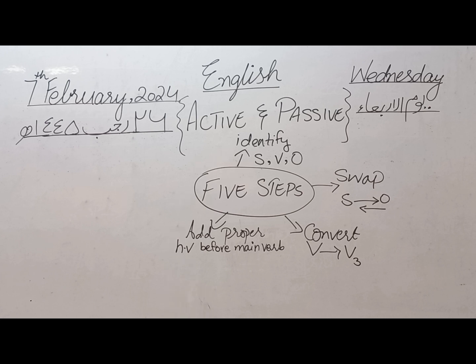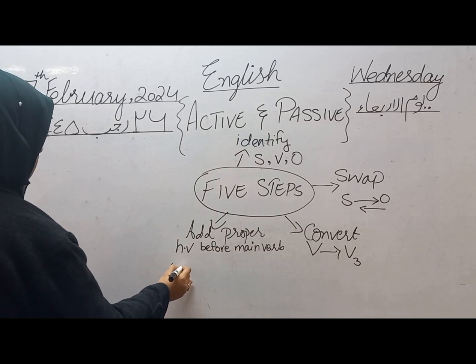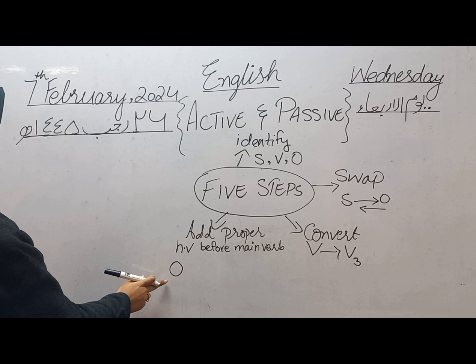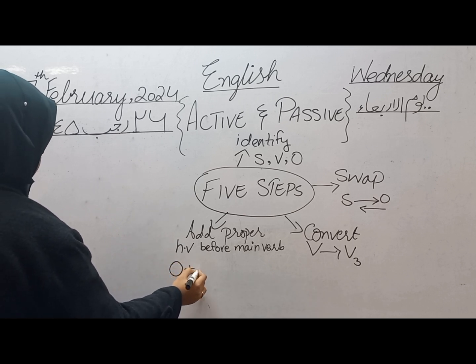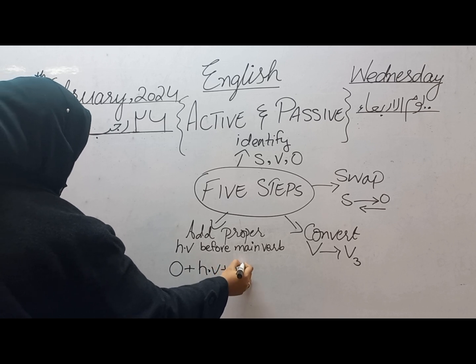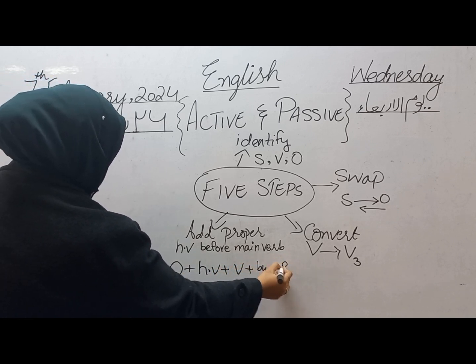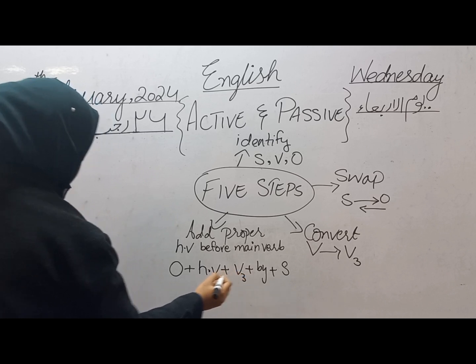Now, the point is, which helping verb will you add here? Let me tell you. This verb will tell you what kind of helping verb is allowed. For example, in a passive voice, the sentence structure would be the object first, then a helping verb, then a main verb, then a by, and then the subject, and the main verb will be in the third form.